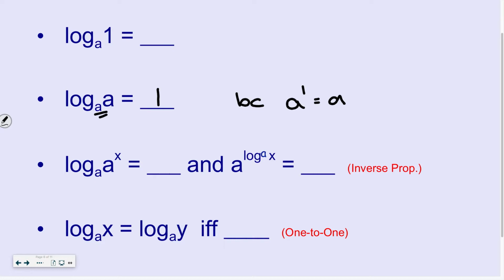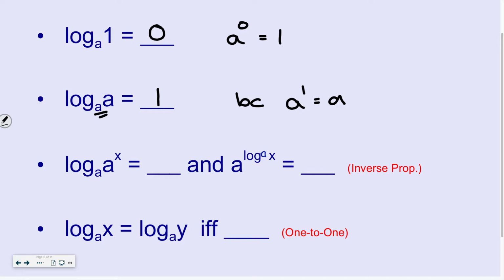Ethan, did your group come up with an answer to the first one? We got 0. So you're thinking about A to what exponent equals 1? Well, anything raised to the 0 exponent is equal to 1. So you're actually going to see those two. I'm always going to use those in my table of values on my graph.